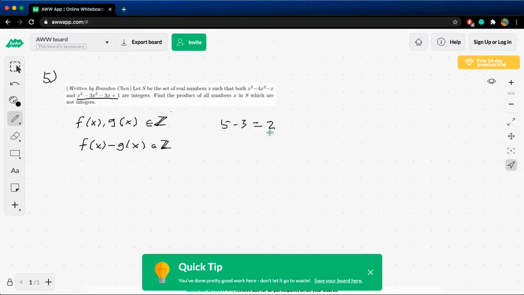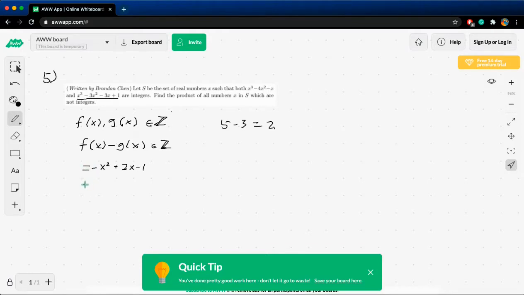If you have an integer and an integer, you can do addition, subtraction, multiplication, and it'll still be an integer. So we subtract f of x minus g of x, and we get negative x squared plus 2x minus 1. I did that, and you can do it with scratch paper and confirm that it's this. So that's what this is.